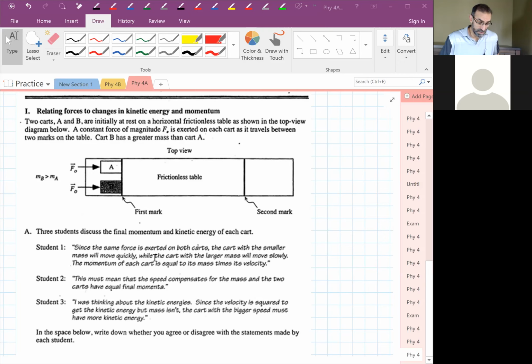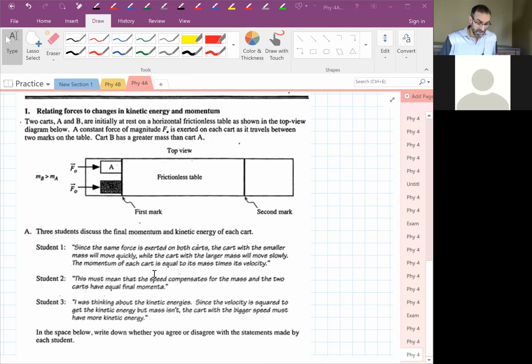Since the same force is exerted on both carts, the cart with the smaller mass will move quickly, while the cart with the larger mass will move slowly. We agree with that? You exert the same force to 2 carts. One is more massive than the other one. The light one moves quickly or has greater acceleration, right? The heavier one moves more slowly or has less acceleration.